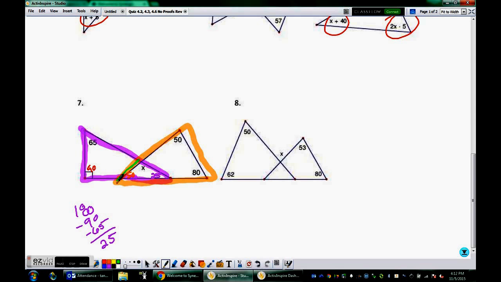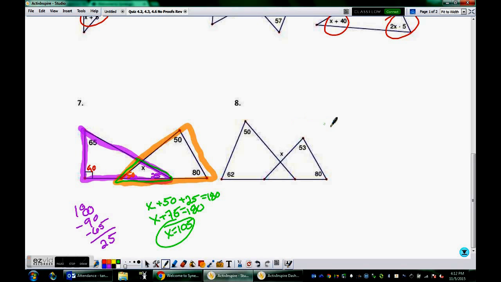Now, when I go to look at x, I'm looking at this green triangle here. So I've got x plus 50 plus 25 equals 180, because those are three interior angles. So now I've got x plus 75 equals 180, so x is 105.